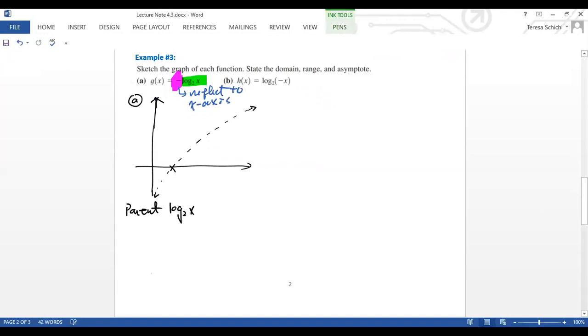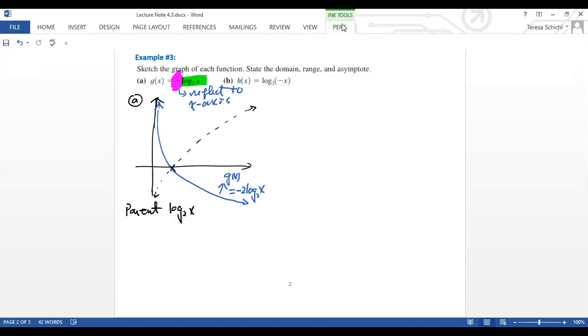Because you have a negative number. So I need to bend these things, symmetric to the negative numbers. So this is my new log function, because the positive goes up, change to here, and this one goes up here, right? Okay, so now this is my final function, g(x) equals negative log base 2 of x here, right?